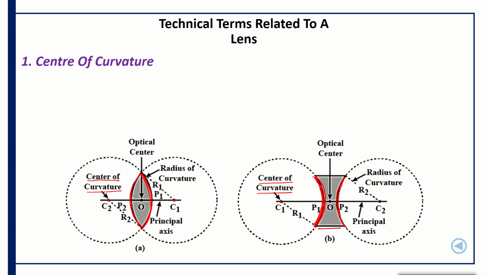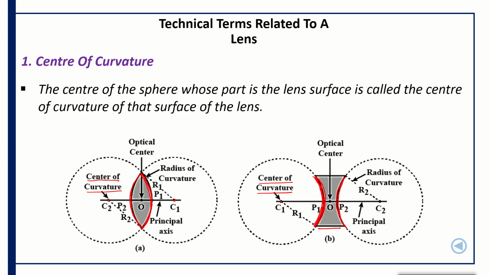So if I am taking a biconvex or biconcave lens, it will have two centers of curvature, one for each surface of the lens. So what is center of curvature? The center of the sphere whose part is the lens surface is called the center of curvature of that surface of the lens.